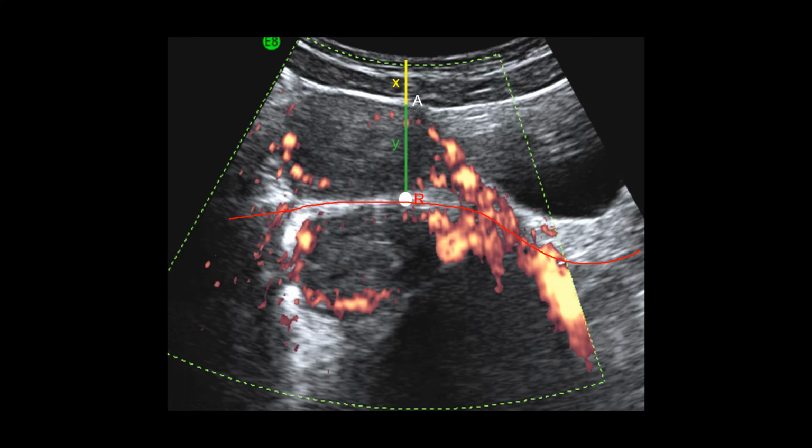Let us note the distance traveled by this ultrasound impulse in this new scenario. Until now, it is x plus y.